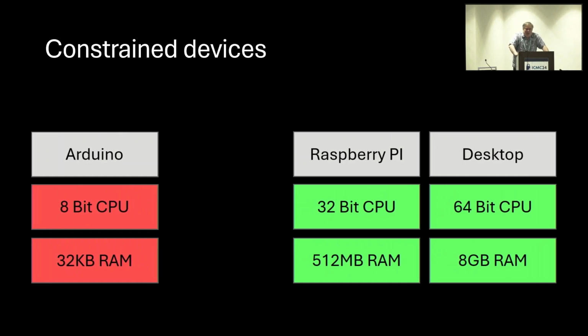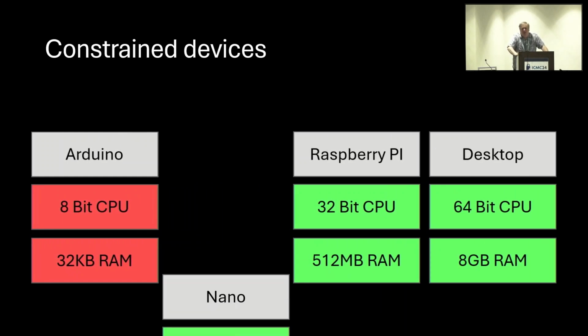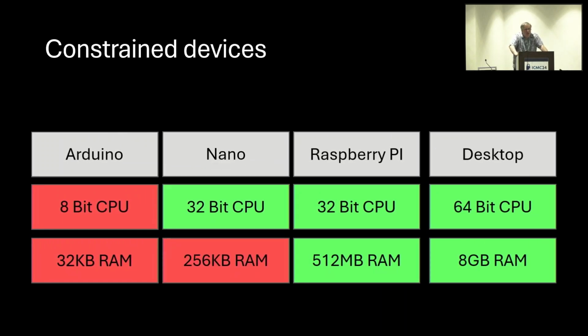Well, no, what happened is that they've now generated this nano class, nano Raspberry Pi and ESP32. They have a nice fat 32-bit CPU that can do all the nice ECC crypto that you want. You can even do RSA if you want. It's got a quarter of a megabyte of RAM, and that's enough to do PKIX and TLS.